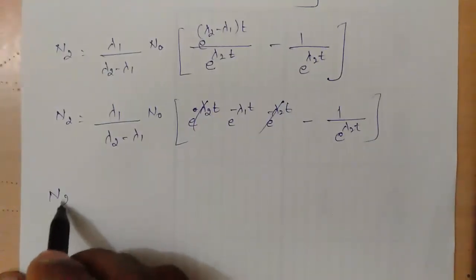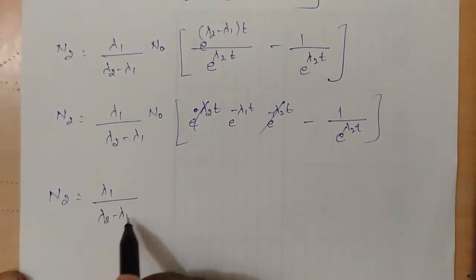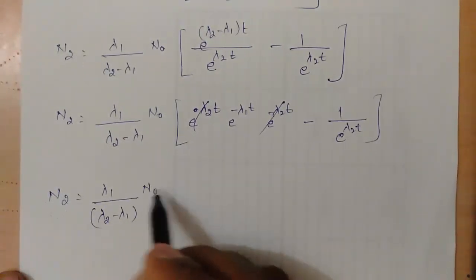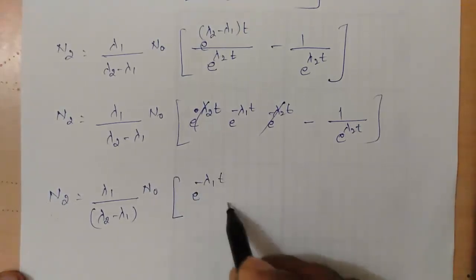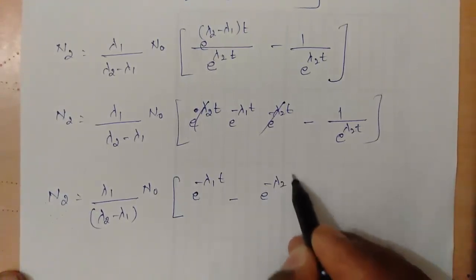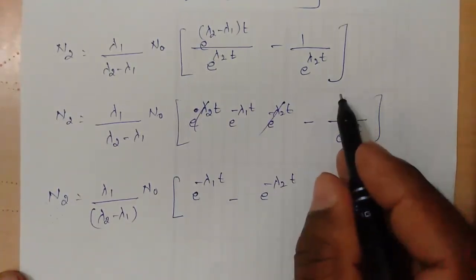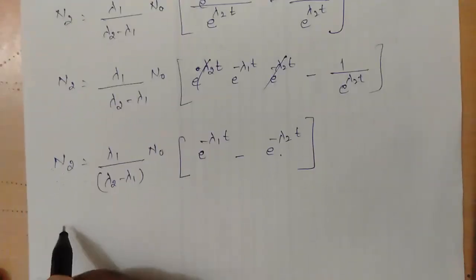So we are remaining with n2 is equal to lambda 1 divided by lambda 2 minus lambda 1 into n naught as it is, and here we have e to the power of minus lambda 1 into t minus e to the power of minus lambda 2 into t.